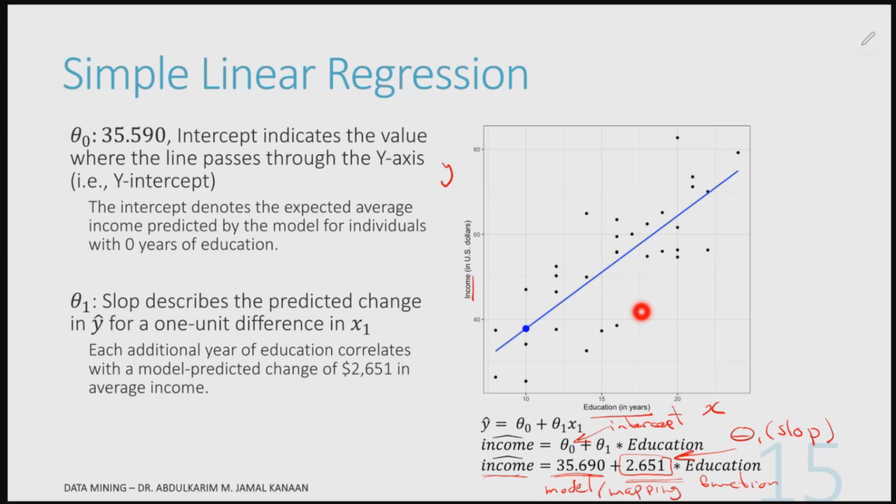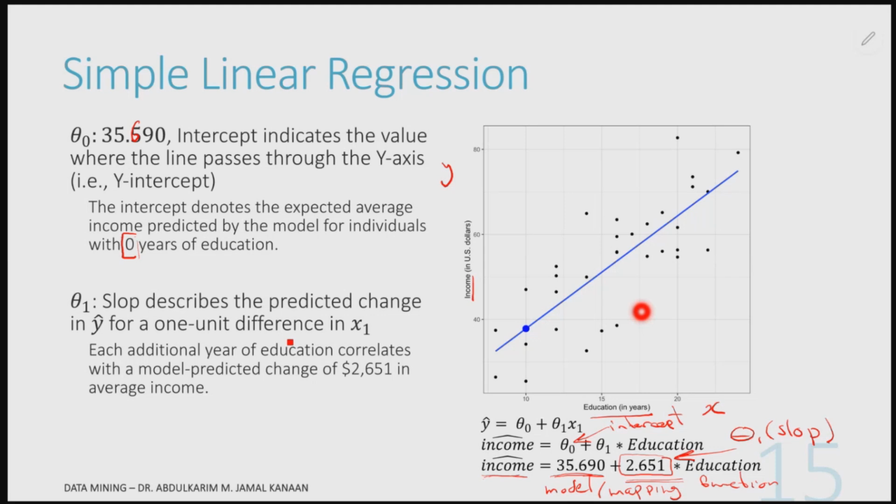So what does it mean? The intercept indicates the value where the line passes through the y-axis. The intercept denotes the expected average income predicted by the model where the number of years of education is 0. That means what is the minimum income the person would get regardless of education? It's going to be 35.69, the minimum.